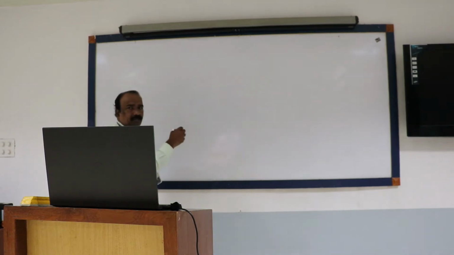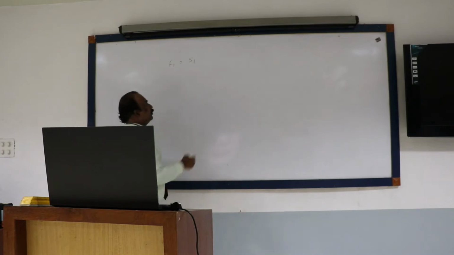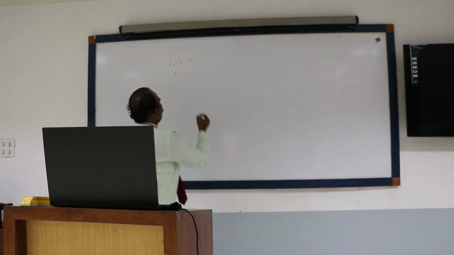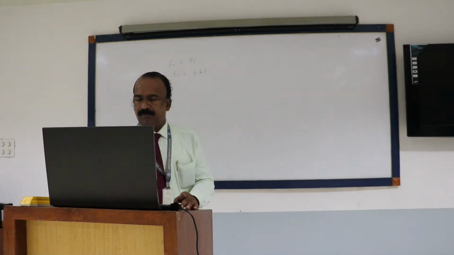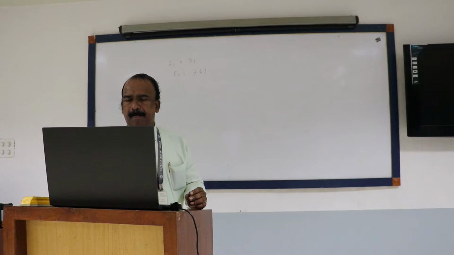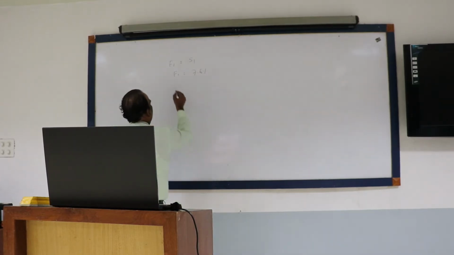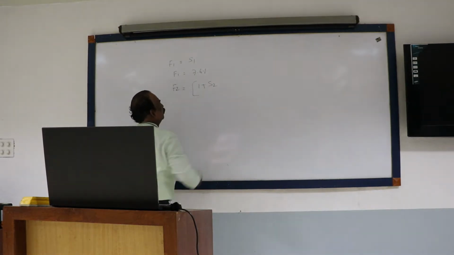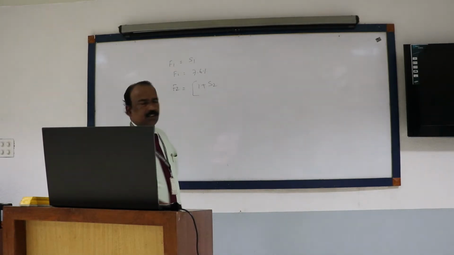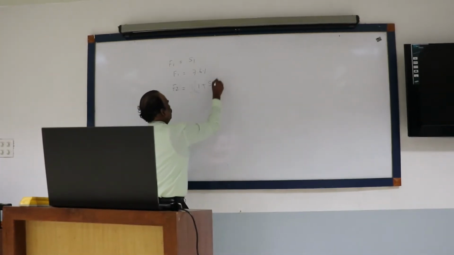So I will write, all of you can see the board? Yes, sir. F1, the forward rate of the first year, will be S1. That is, F1 is 7.6. F2 will be (1 plus S2) power 2, whole divided by 1 plus S1.